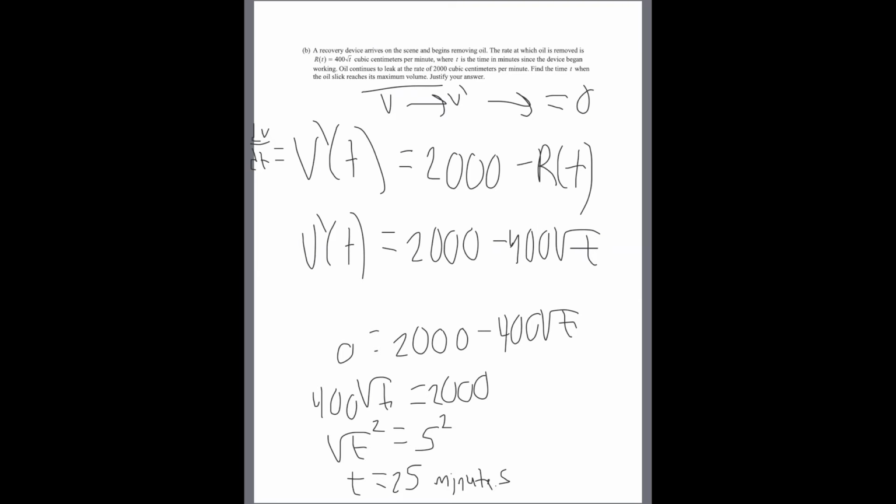That's our critical number. But remember, when we're trying to find the maximum volume or the absolute max, we have to do a chart. I know that at least for this problem, they didn't require you to do the chart. But essentially that's what you would have to do. Since, looking at the problem, there's no interval, and this is probably just because it's one of the older problems.